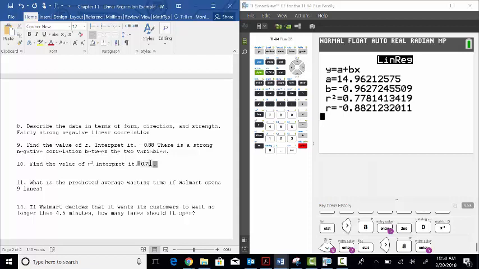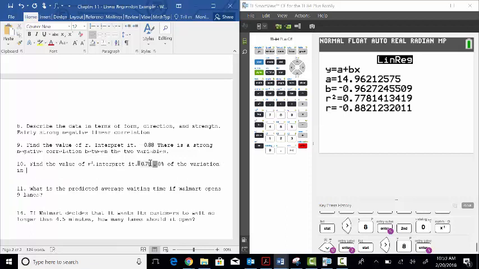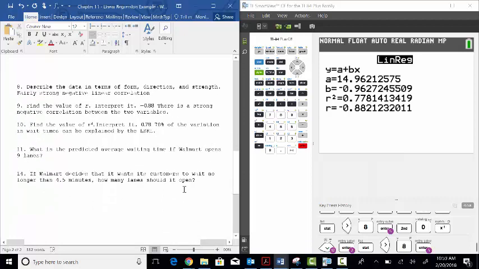So in this case, I can say 78% of the variation in wait times can be explained by the least squares regression line. All right, so again, 78% of the variation in Y can be explained by the least squares regression line.